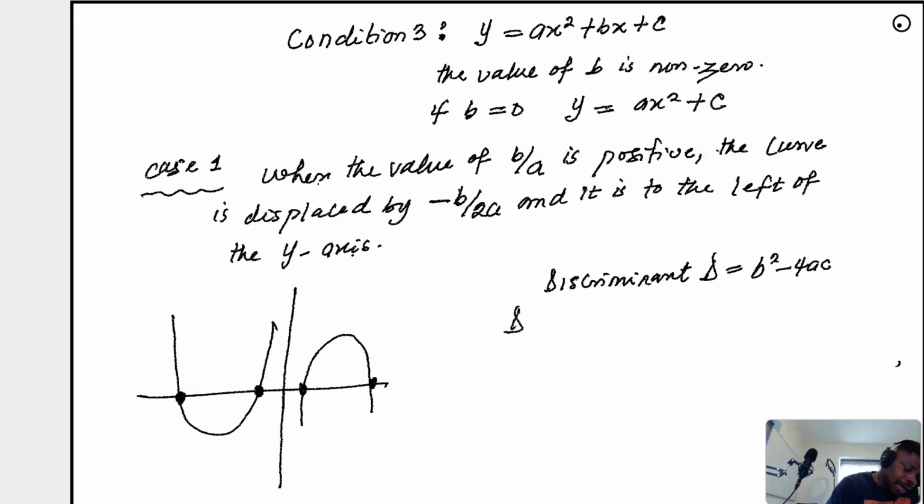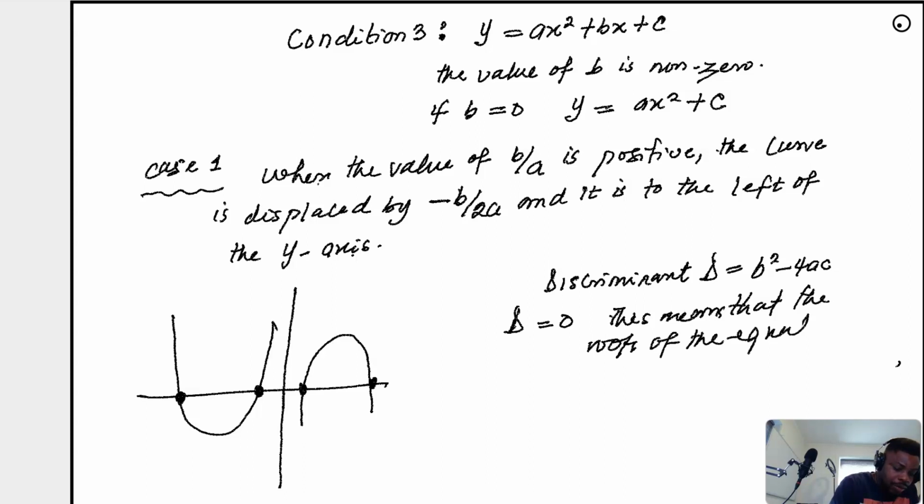But in a case where your D is equal to 0, this means that the roots of the equation are equal and real.